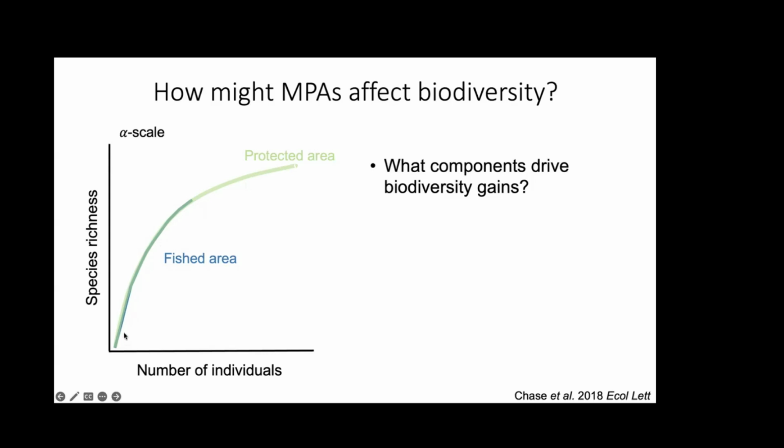And so here, I wanted to ask whether or not protection from fishing and the response of having more individuals meant that the protected area rarefaction curve essentially sat on top of the rarefaction curve in the fished area. And to do that, instead of going to the literature and looking for effect sizes, I really needed to go to the literature and find the raw data, okay?